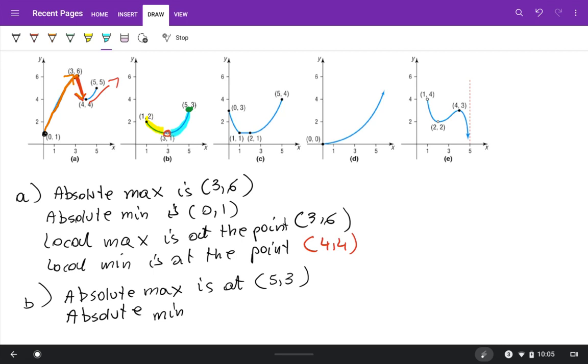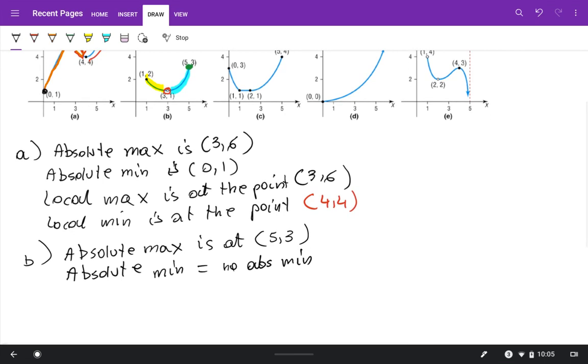So when you cannot tell what the lowest point of the graph is, we don't have an absolute minimum. The answer will be no absolute minimum. That lowest point was removed from the graph because of that open circle.